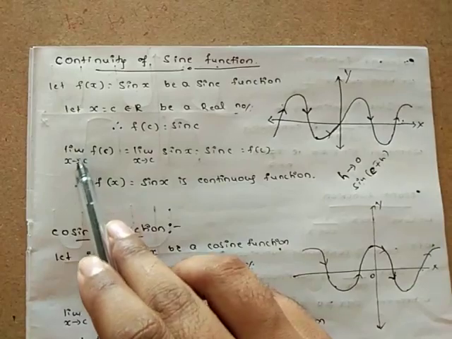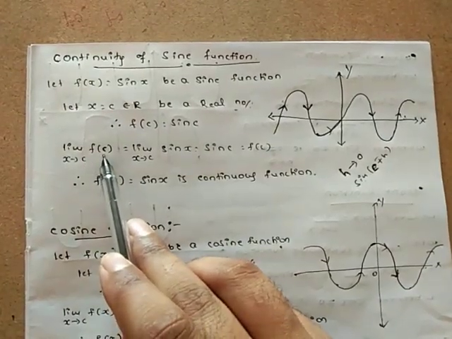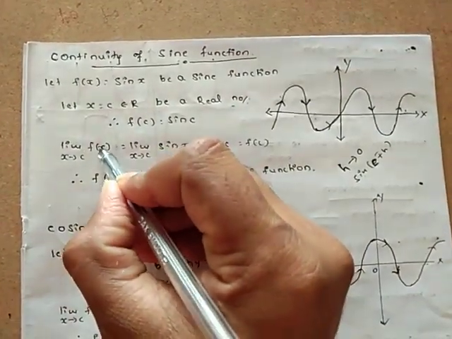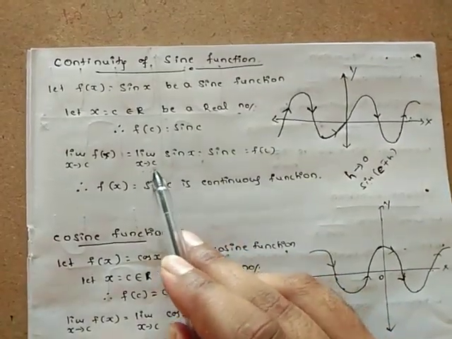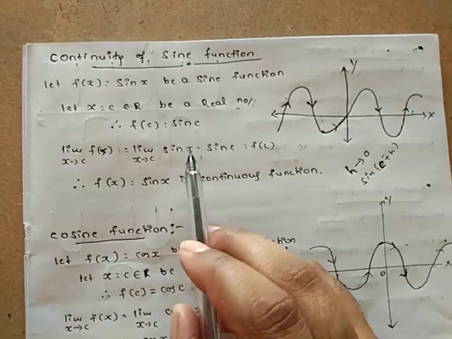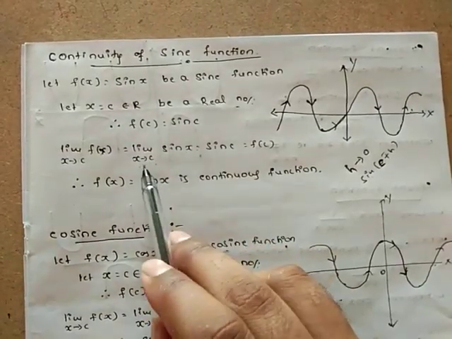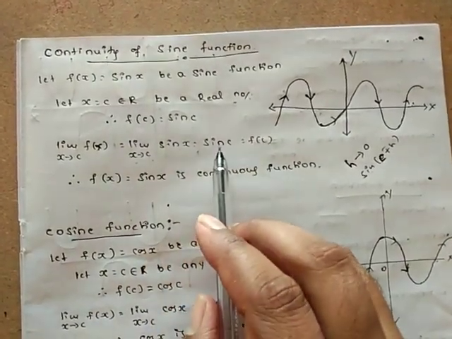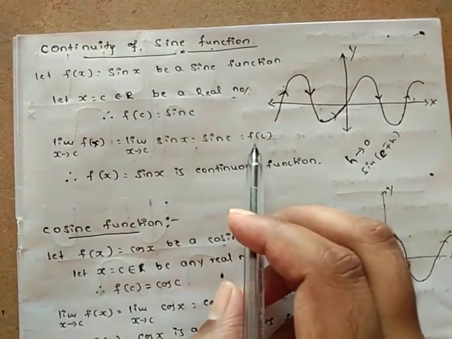So here, limit x tends to c of f of x: instead of f of x we have substituted sin x. Instead of x we apply c, so it's nothing but sin c. So sin c is nothing but f of c.